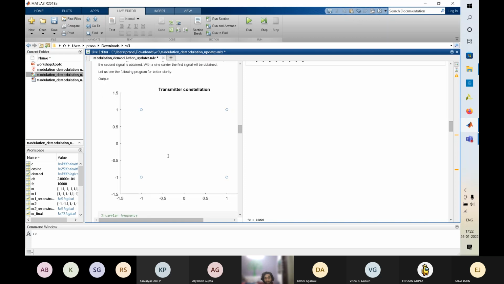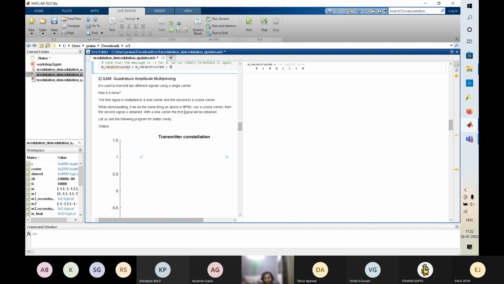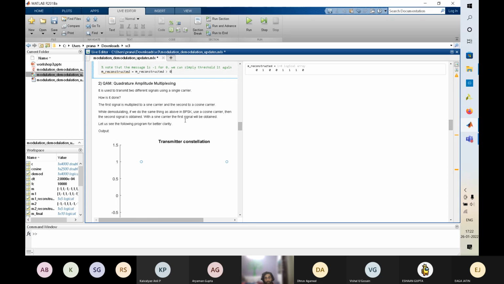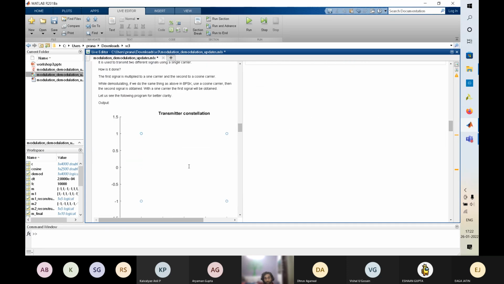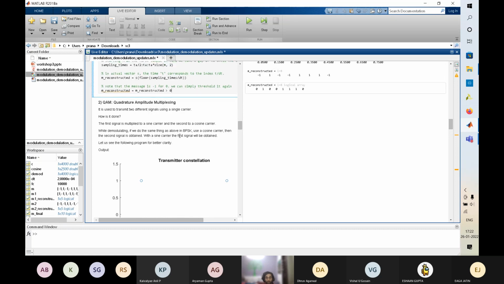It is like BPSK. BPSK is used to transmit 1 bit, but in QAM we can transmit 2 bits in the same space, at the same frequency. For that, QAM is used.